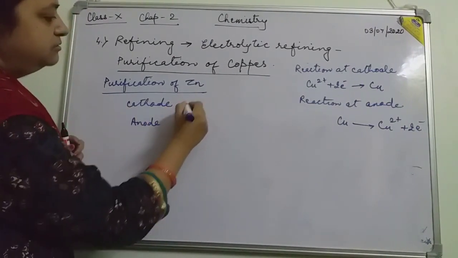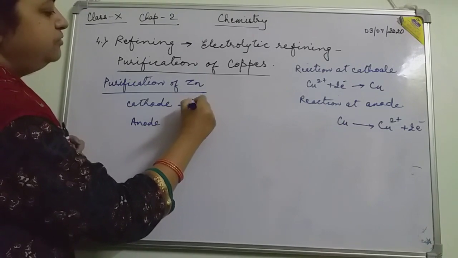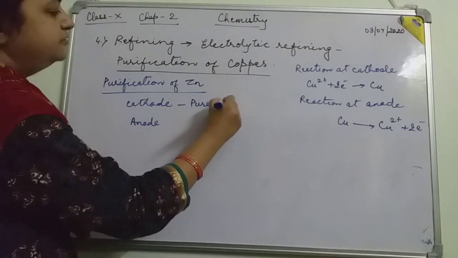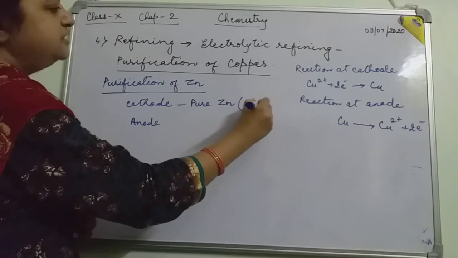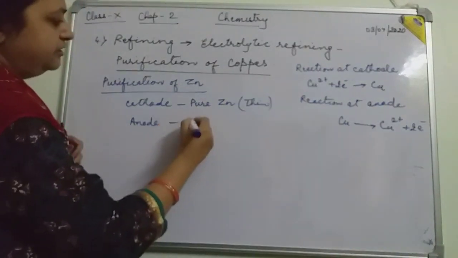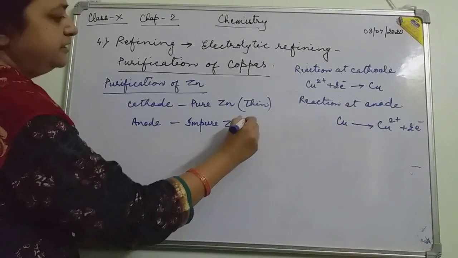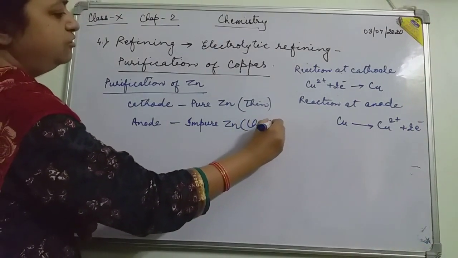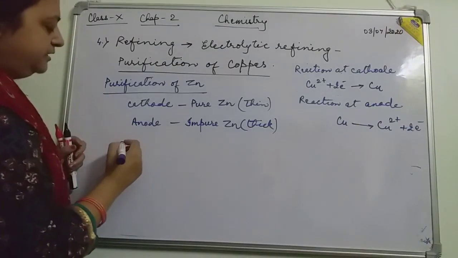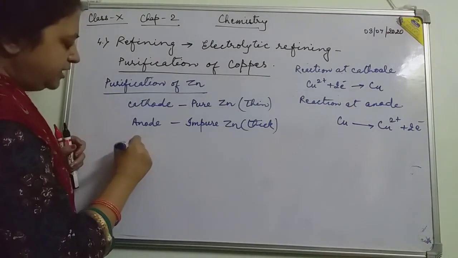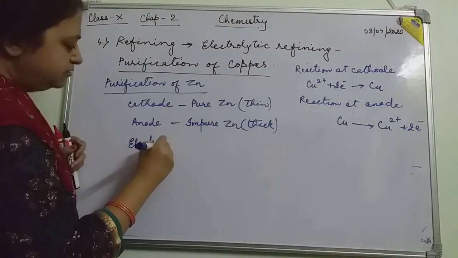Here at cathode, a pure thin zinc rod, and at anode impure zinc, a thick rod of zinc is taken. Which electrolyte do you use?